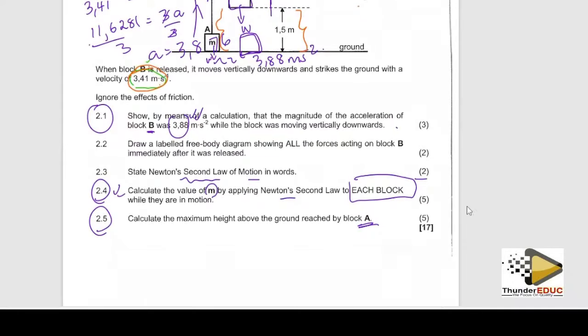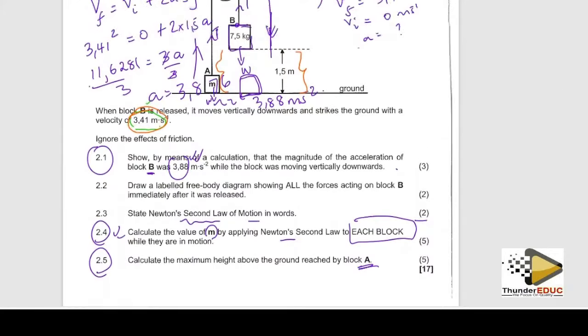Okay? So what we need to differentiate is that after the 1,5 meters height, this body A is still going to continue with the 3,41, since at that height, body B is halving the 3,41. It's a system, so everything is more or less the same.